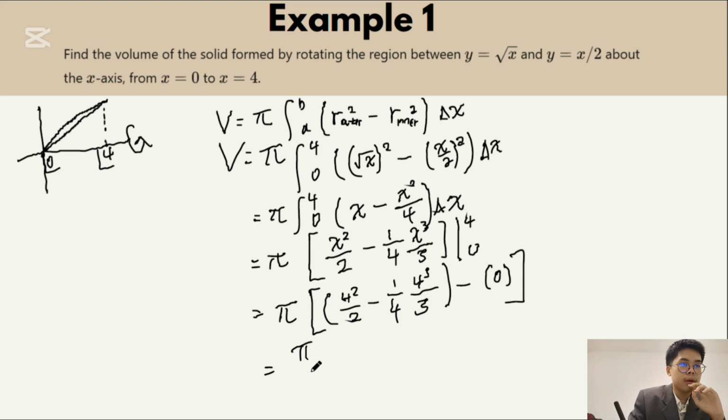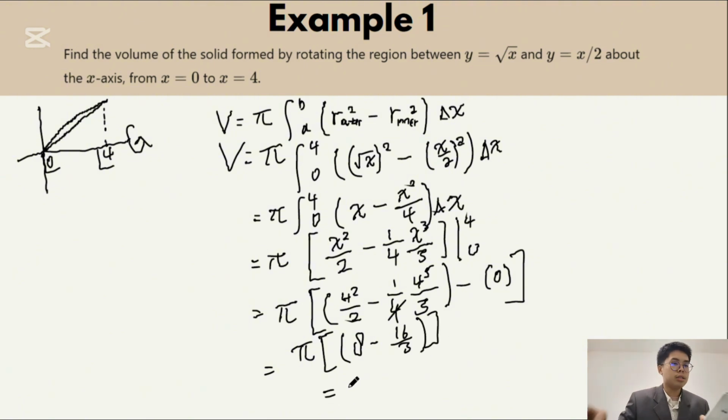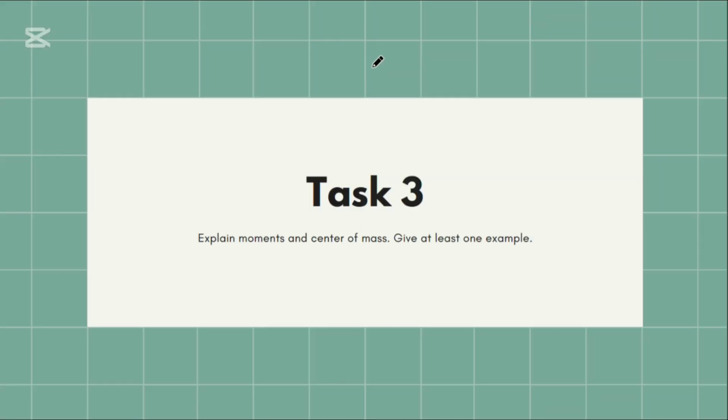The next step is 16 over 2, which is 8, minus 1 over 4 times 64 over 3, which is 16 over 3. Then the answer will be 8 over 3 pi. This will be the volume of the solid.